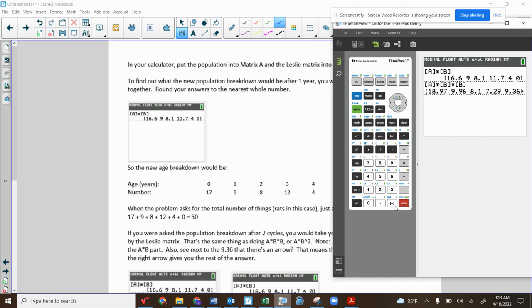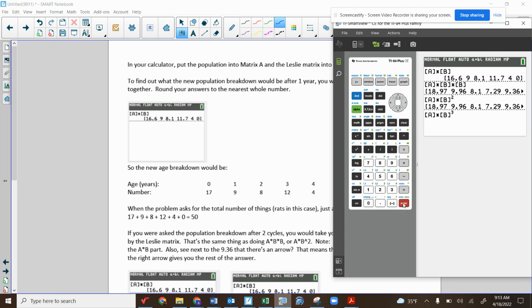I don't want to go B times B times B. Well, B times B is just B squared. So if I were to do matrix A times matrix B squared, there it is. And then if I would want it for 3 years, just change the 2 to 3.